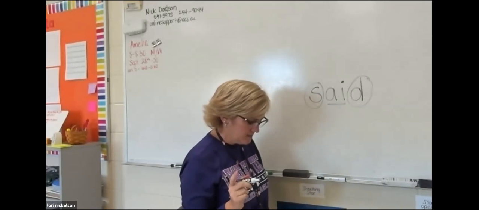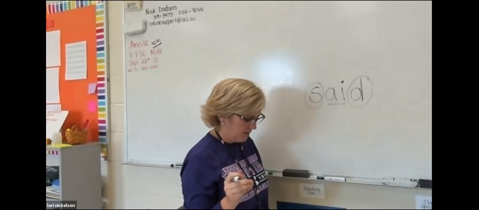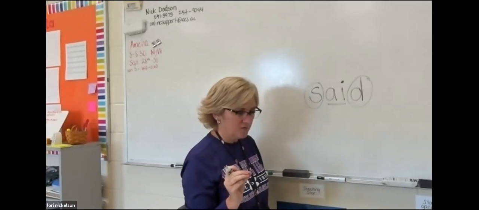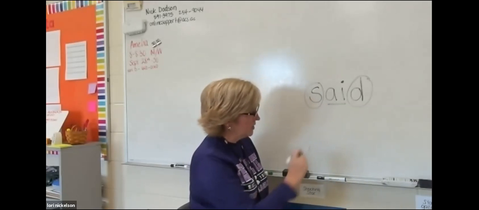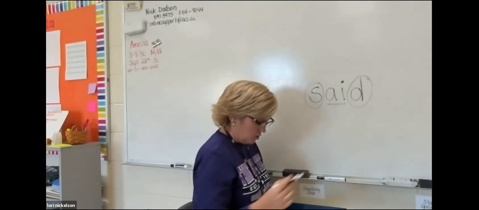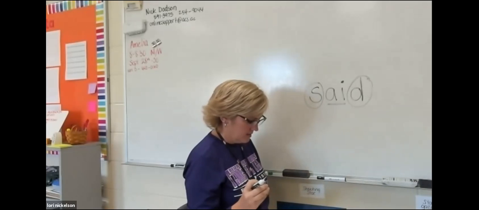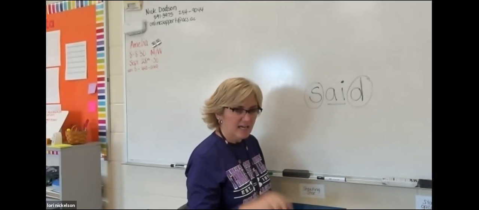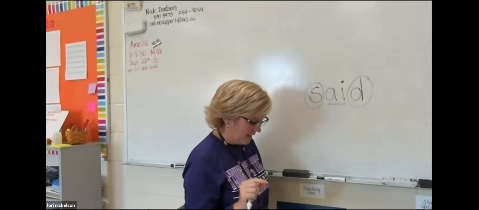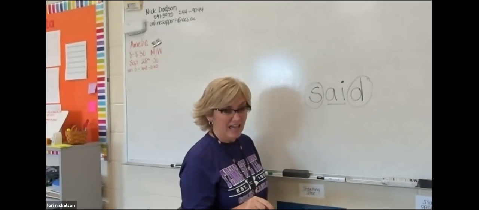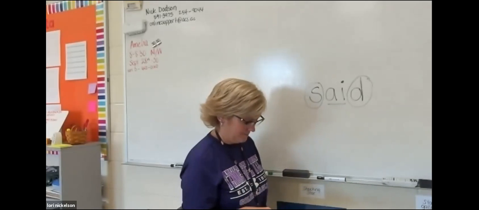You might expect these letters to be pronounced separately as A and I, but in fact, they work together and stand for E. So when you read the word said, you have to remember to pronounce it with the letters A and I as E. And when you write said, you have to remember to spell the E with the letters A and I.